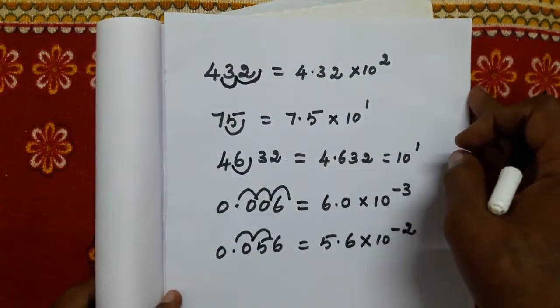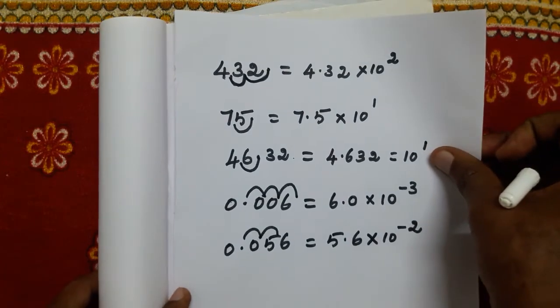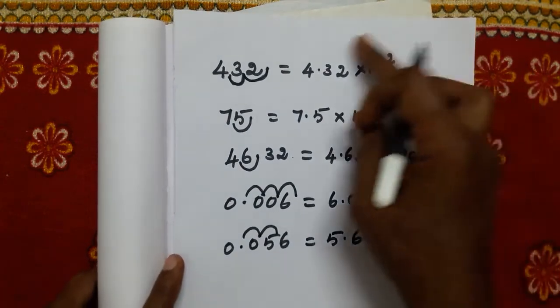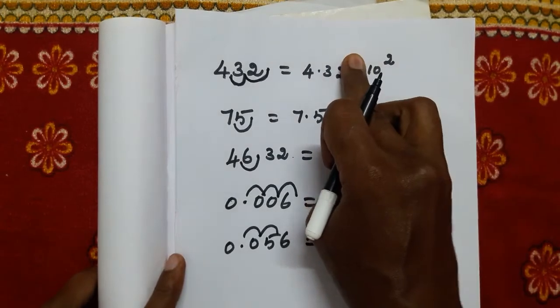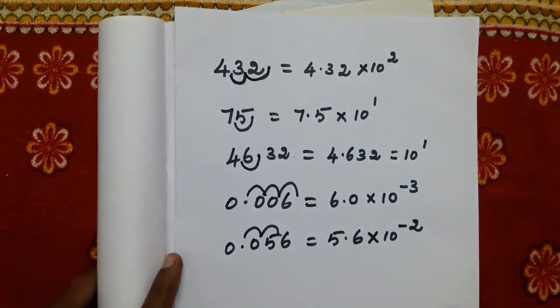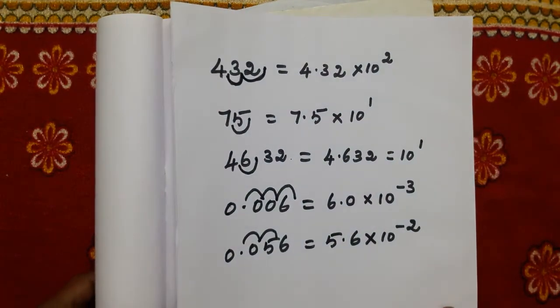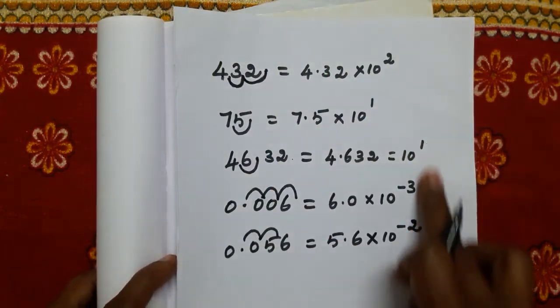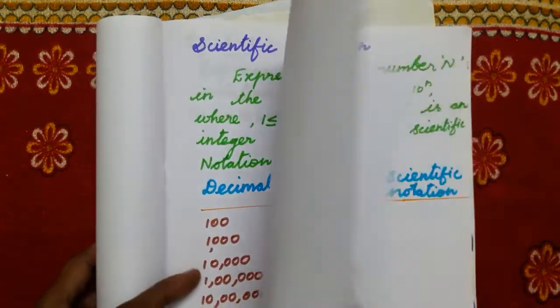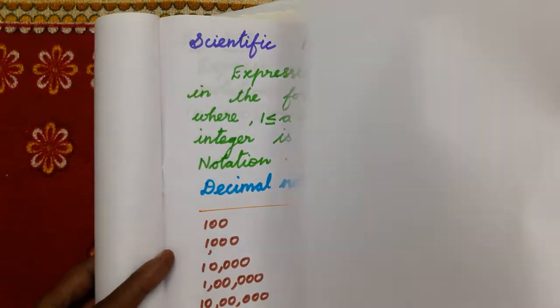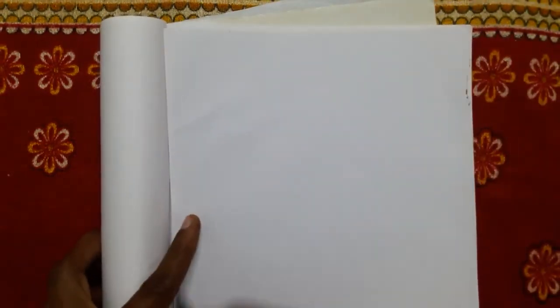Can you understand? Now I am going to explain converting scientific notation into decimal form. I am going to give some examples.